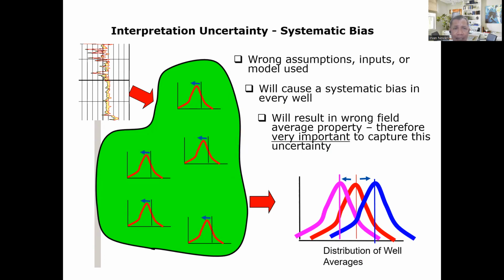As a consequence of making incorrect assumptions, using inaccurate inputs, or employing an inappropriate model, all of these errors can lead to systematic bias in every well, resulting in inaccurate field property calculation. It emphasizes the importance of recognizing and accounting for this uncertainty to ensure accurate assessment and decision making.